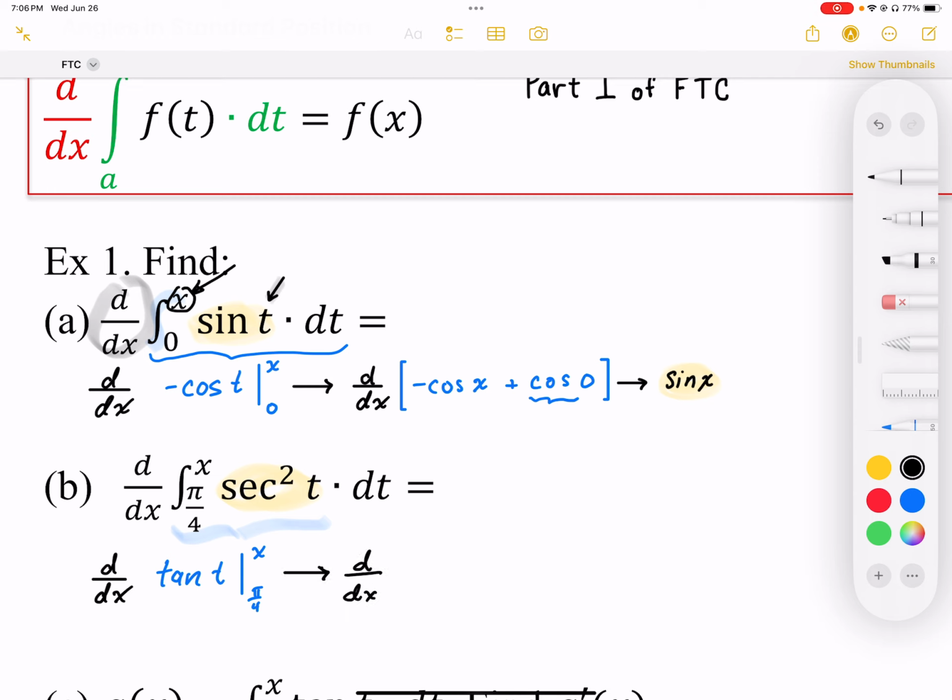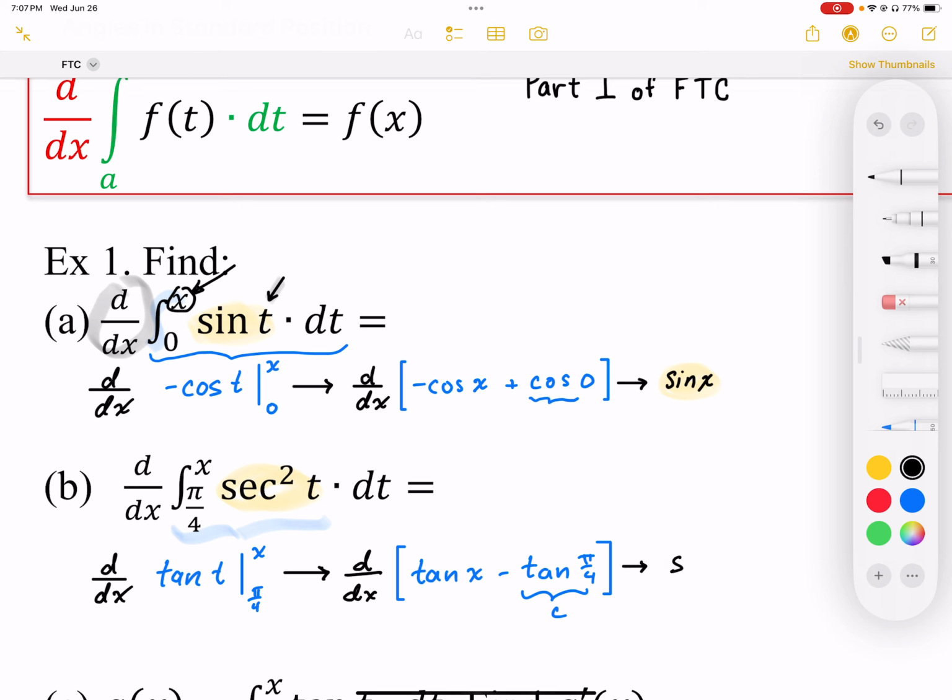So I'm going to plug in my x and my pi over 4, so I get tan x minus tan pi over 4. Tan pi over 4 again is a constant value, so when we differentiate that, it's going to differentiate to 0.